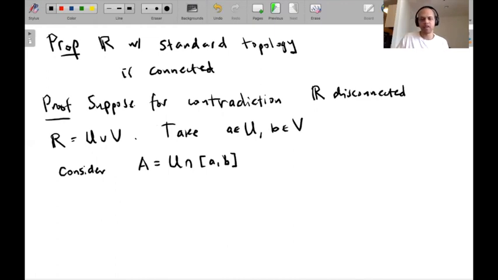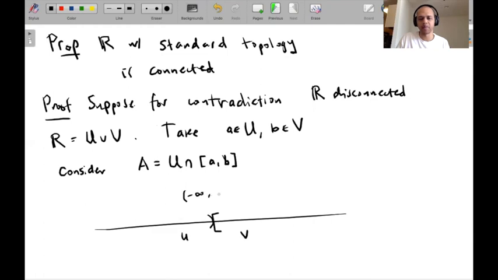And the intuition is, if you try to split up R, maybe I should have done this before starting the proof, the obvious ways to split up R are some picture like this, where you take everything up to some number t, and then everything greater than or equal to t.